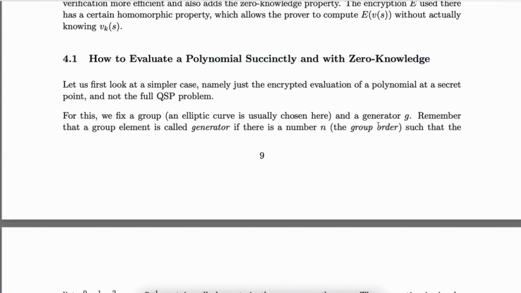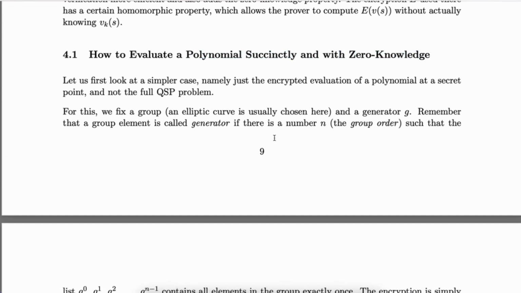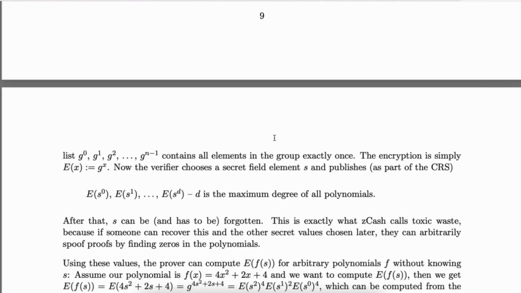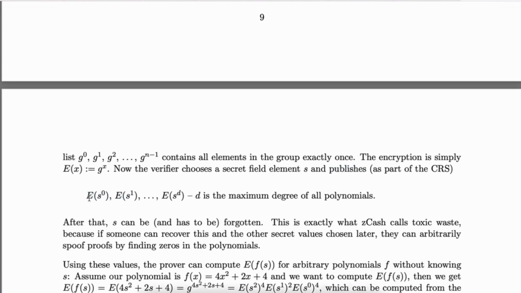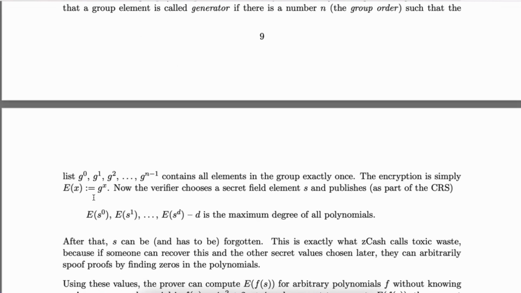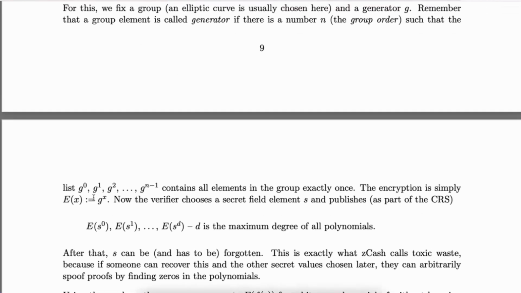So a group and generator G, and yes. And I think the E is just this kind of encryption. The verifier chooses a secret field element S and publishes secret field element S that is then encrypted based on the group.